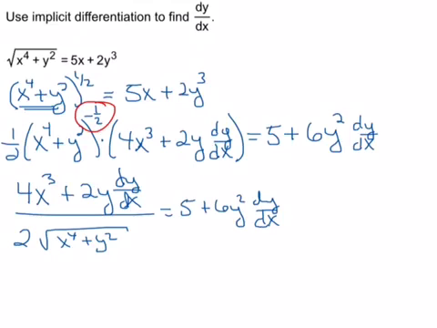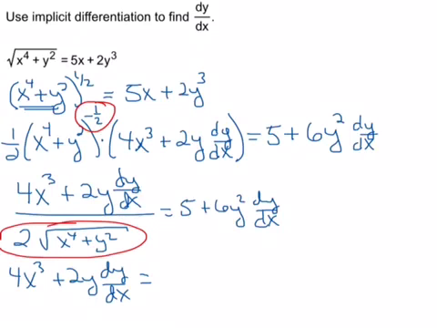Okay. When we're isolating dy/dx, our goal is to get every term with the dy/dx on one side, but every term without a dy/dx on the other side. So for the first part, clearing fractions is not a bad idea. Let's do that. So we've got 4x cubed plus 2y dy/dx equals, and when we clear the fractions by multiplying by our denominator to both sides, I'm going to also distribute.